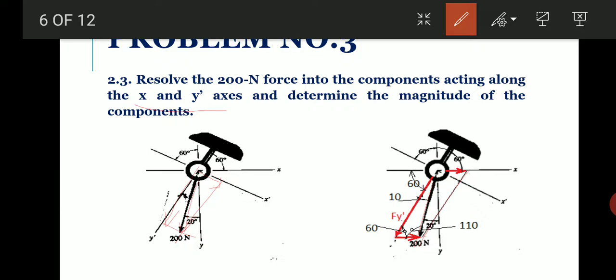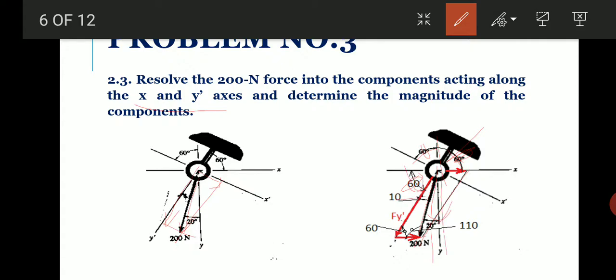So the given angle is 60 degrees here and 60 degrees here, so this angle is equal to this angle. Now given that angle, we have here the 20 degree angle and 60 degrees.